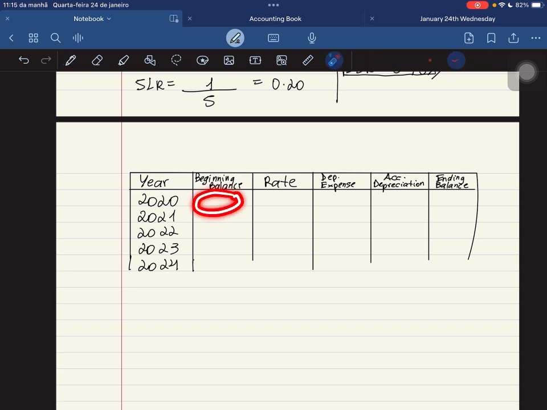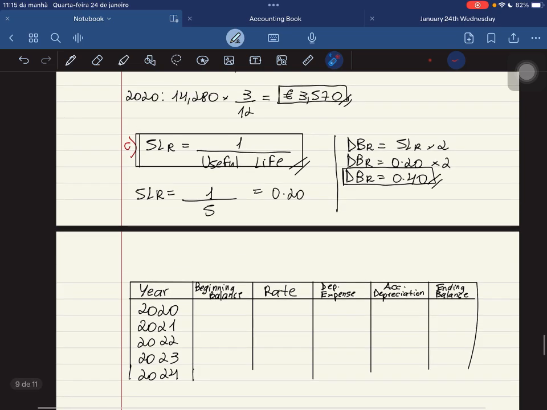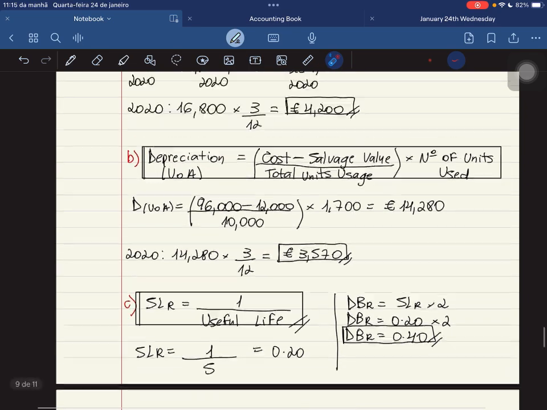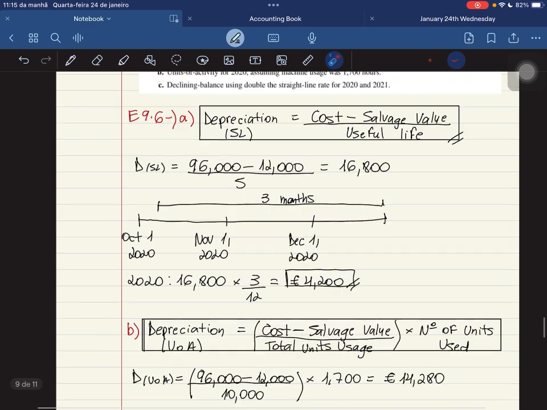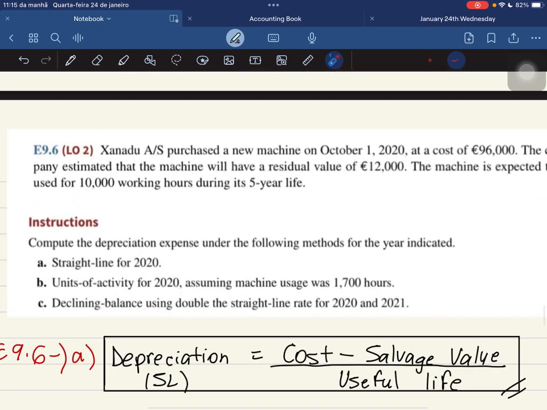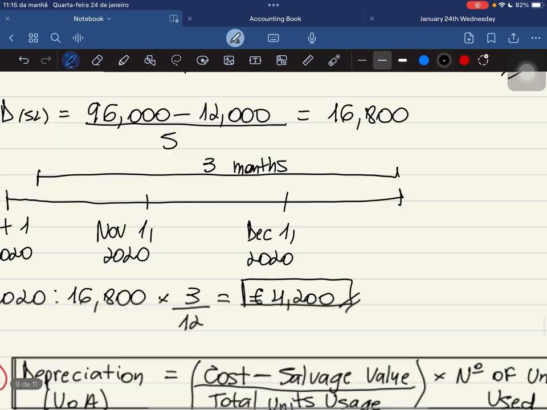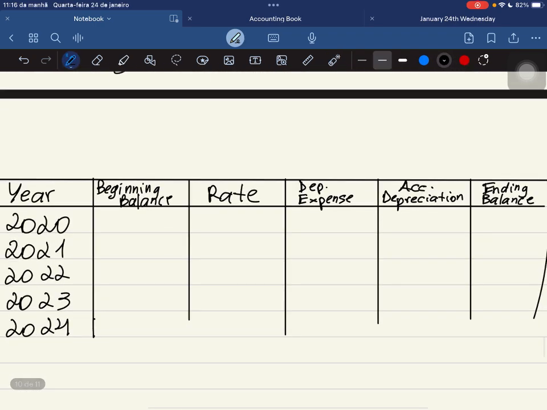Since this is the first year, at the beginning of 2020, we haven't accumulated any depreciation. So the beginning balance is just going to be the cost that you paid to acquire this machine. The price that you paid to get this machine was 96,000. So our beginning balance is going to be 96,000.